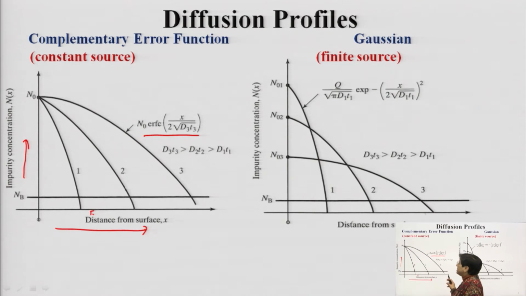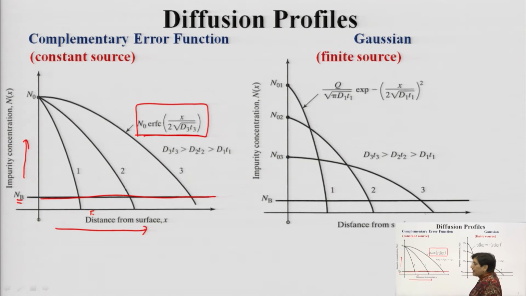As you go away from the surface, the concentration is dropping. This is basically the surface concentration, and with respect to it, the movement of species within the bulk is mathematically represented. Again, you remember this, it is a complementary error function profile.